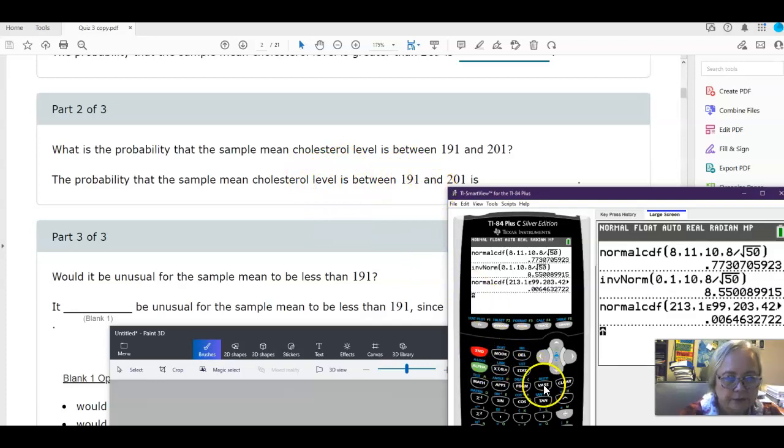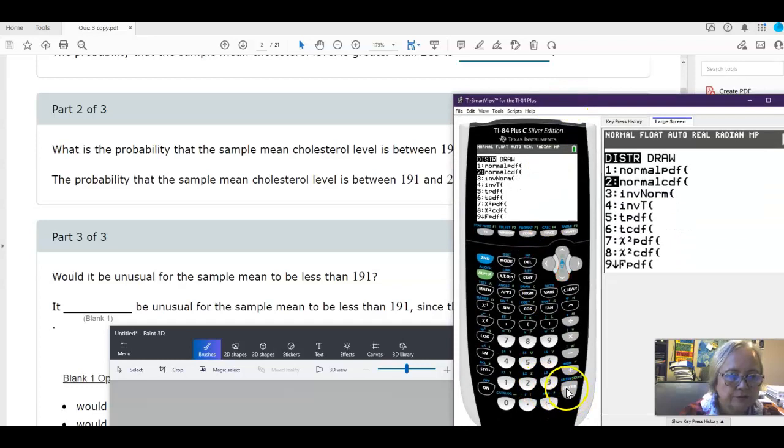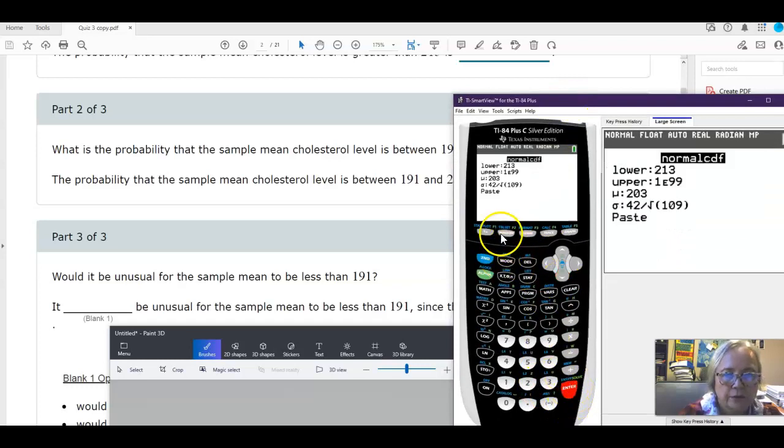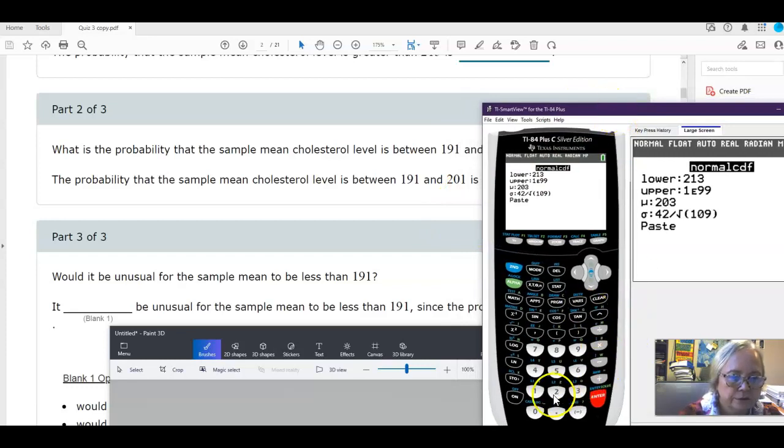What is the probability that the sample mean cholesterol is between 191 and 201? So we're going back to normal CDF, and now we just need to change the lower and upper. So between 191 and 201. Everything else remains the same.